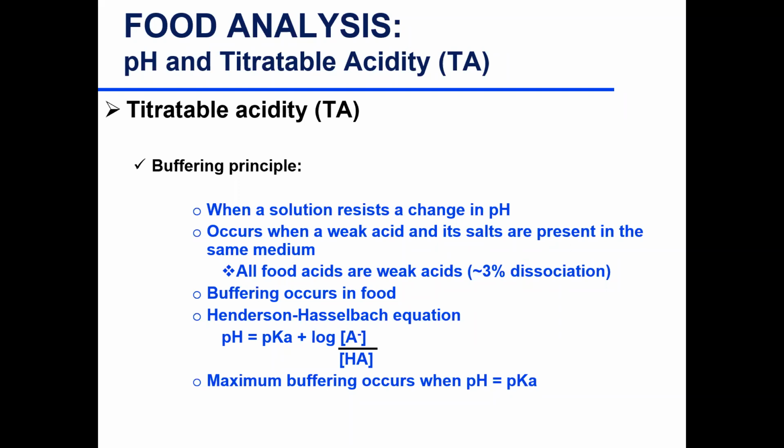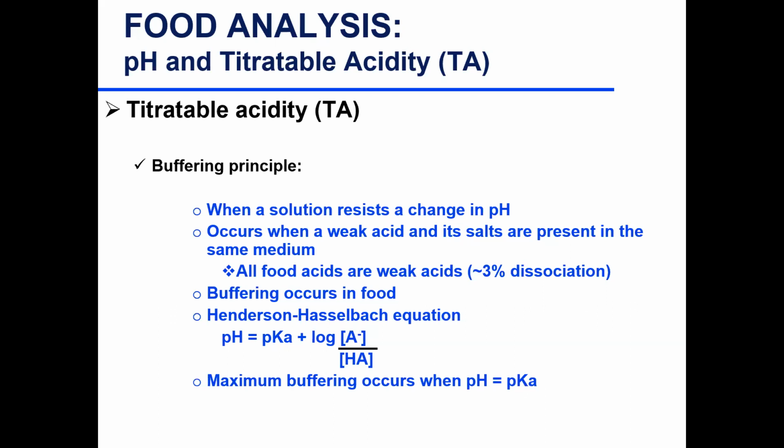And if you're titrating with an acid, then the salt, or the conjugate base, is going to pick up a proton, and therefore your pH will resist changing. We already said that all food acids are weak organic acids, with a low percent of dissociation, and therefore we have buffering happening in these systems.